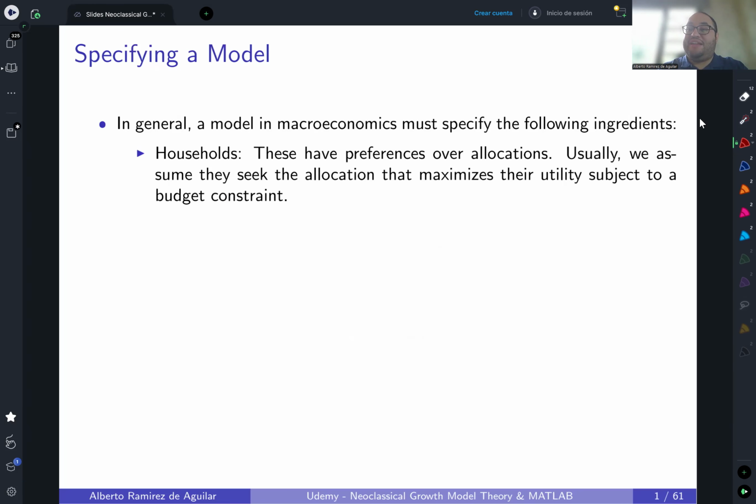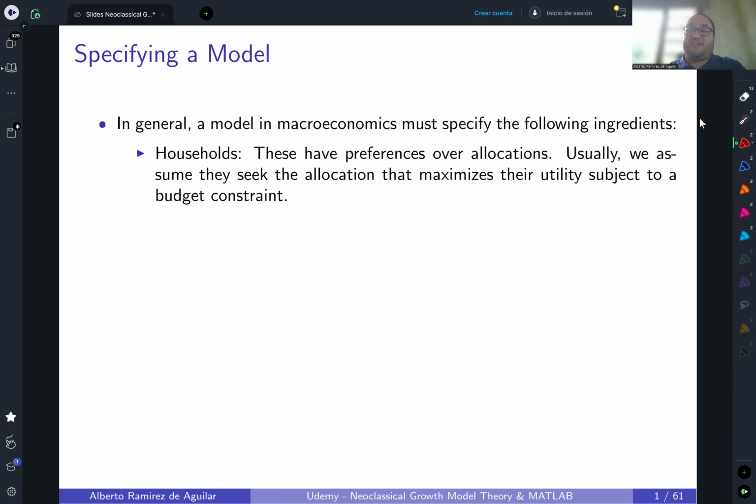But this is the main thing that households bring to the model as a framework. They have preferences, and they seek to maximize their preferences or utility, but they are constrained, and they have a budget.